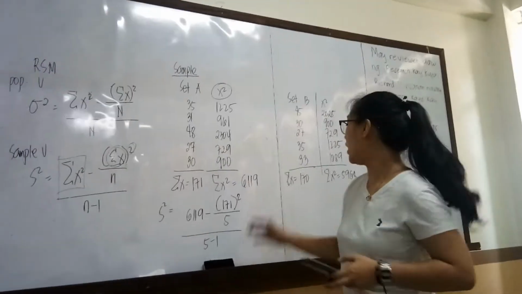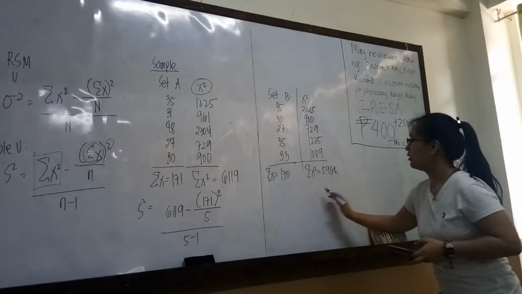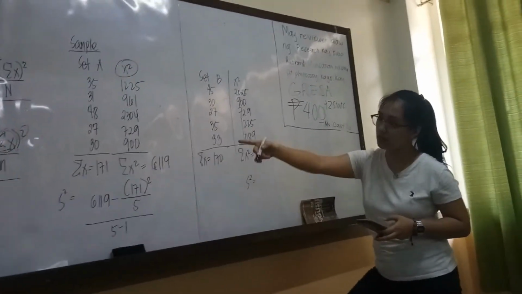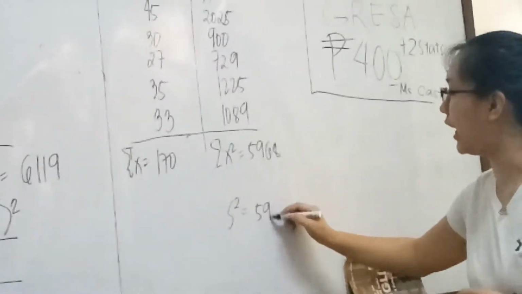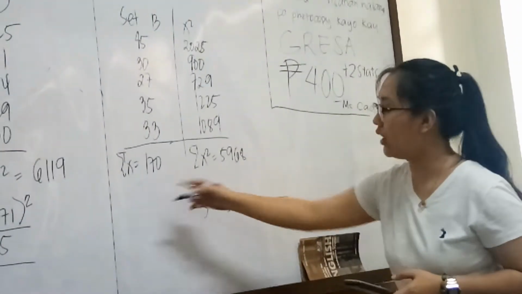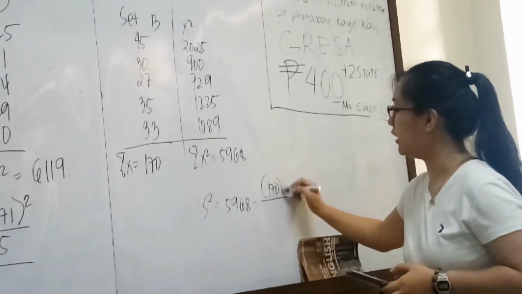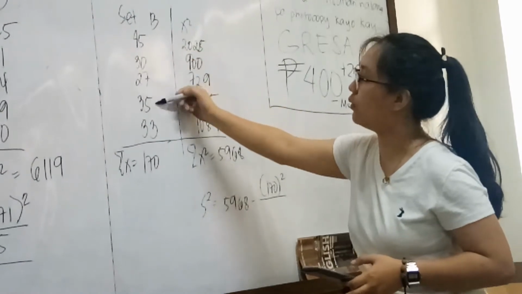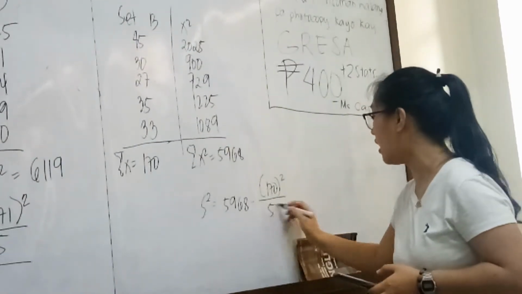On the other hand, for the other set we'll have your s squared: summation of x raised to 2, we have 5968 minus, okay, this one will be squared, 170 raised to 2, and then all over n. What is n? 1, 2, 3, 4, 5. Oh, nagkataon, 5 din sila.